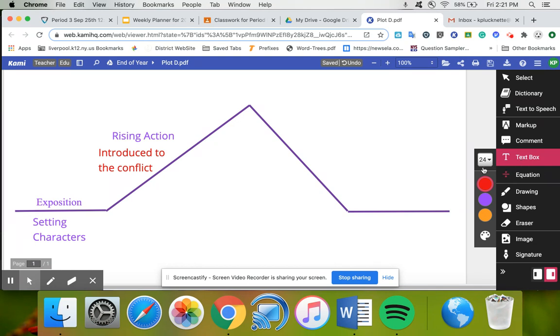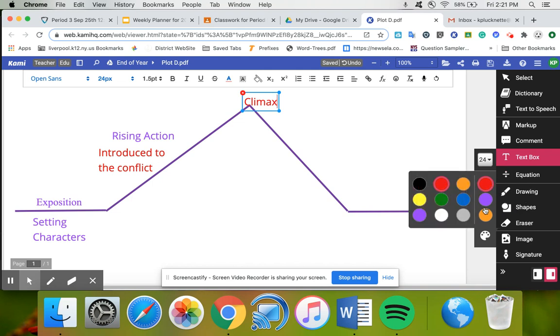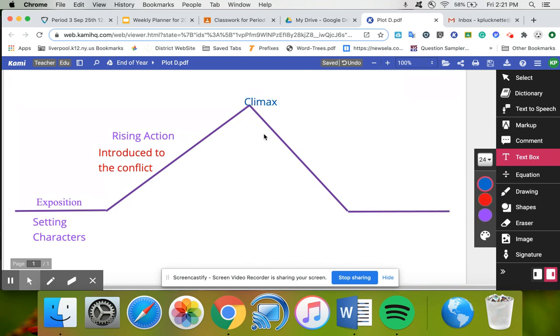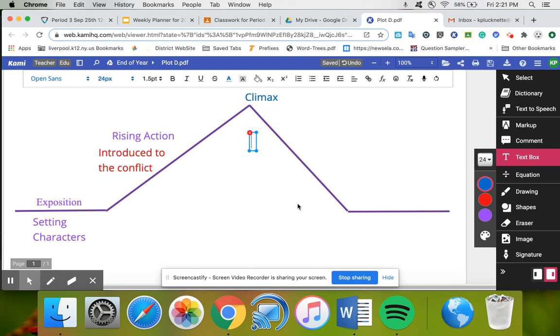So then we come to the climax. This is a misnomer, because a lot of you learned for some reason that it's the highest point of tension, or suspension, but it's just the turning point of the story.